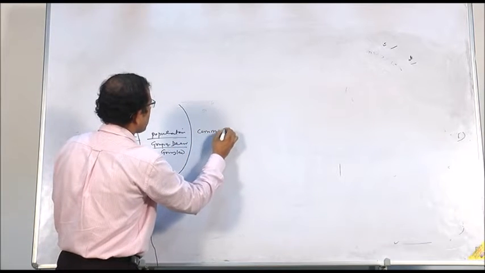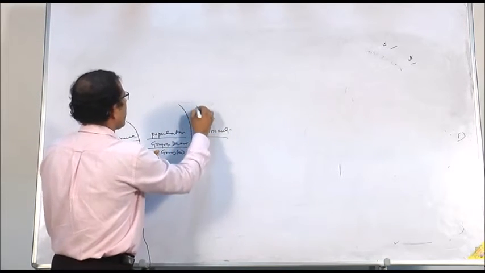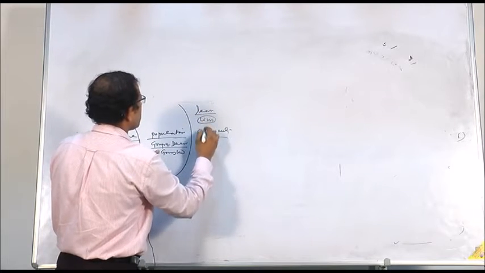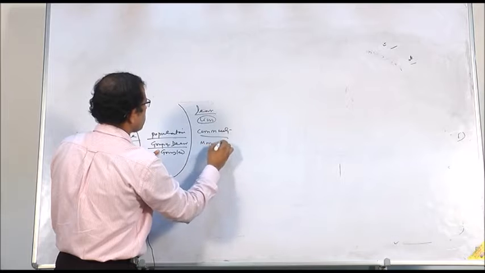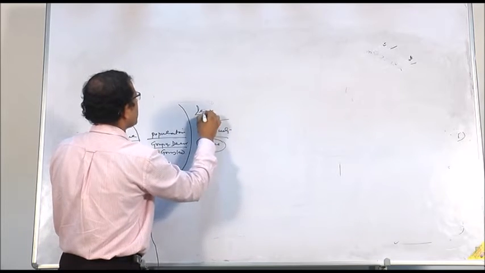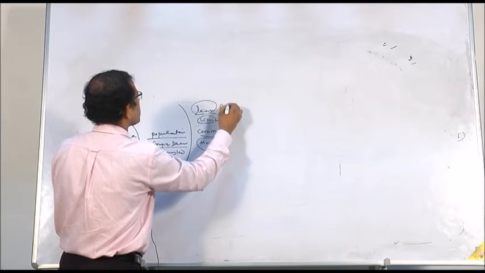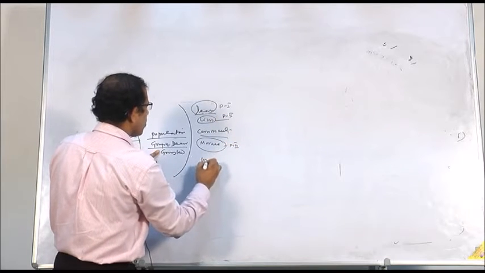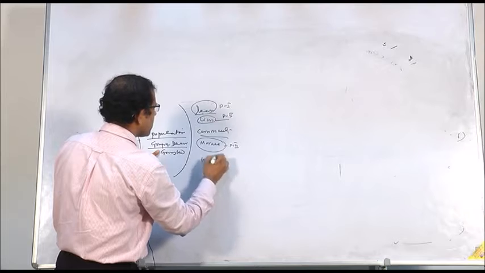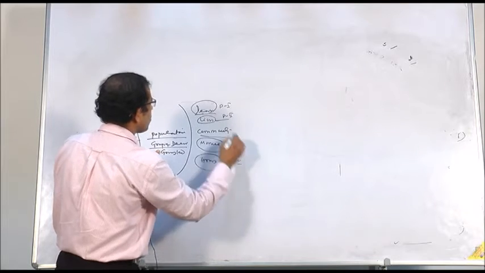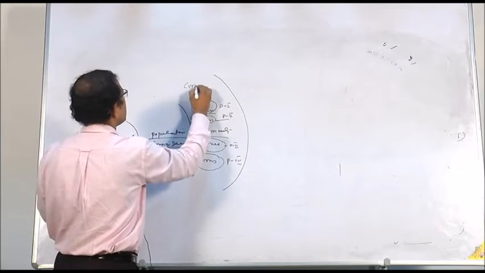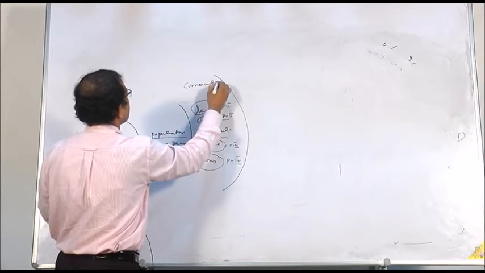A community means I may find deer, lion, monkey: a monkey population, a lion population, a deer population. So population 1, population 2, population 3, and I can also have the grass, population 4. Here, this is my community.